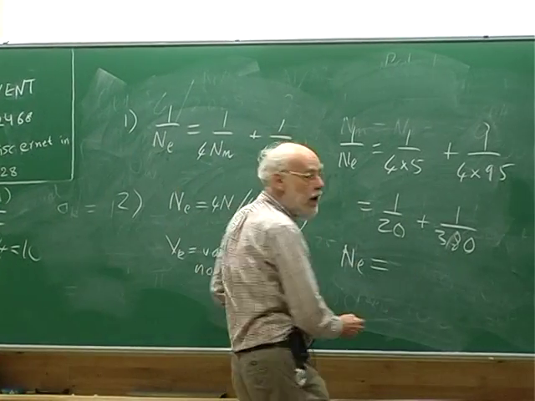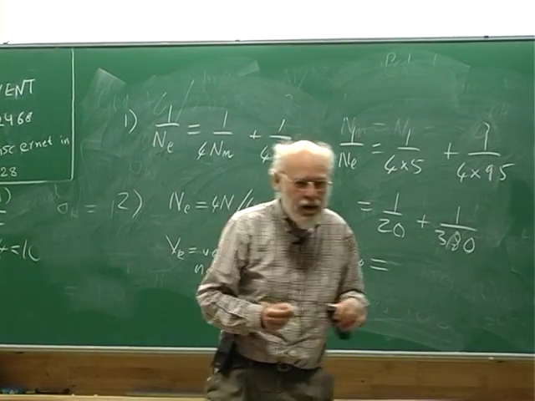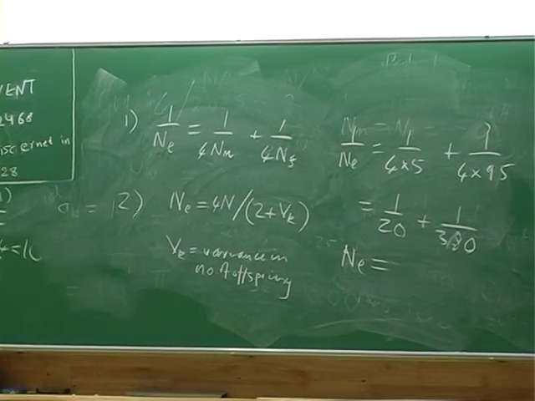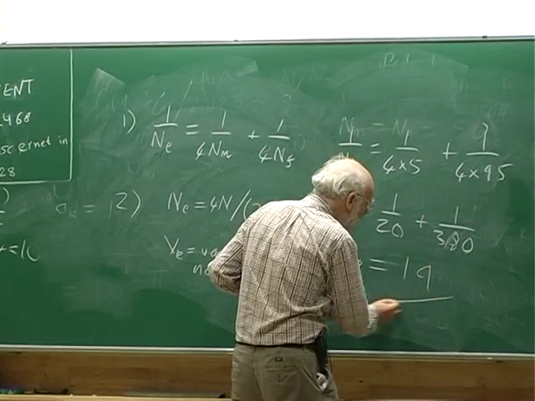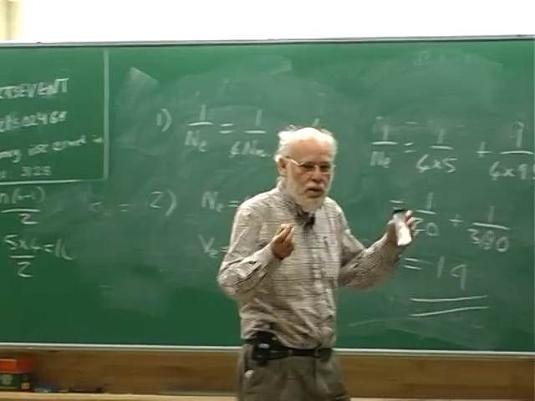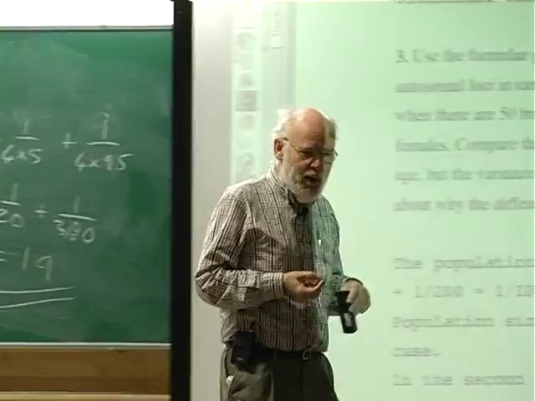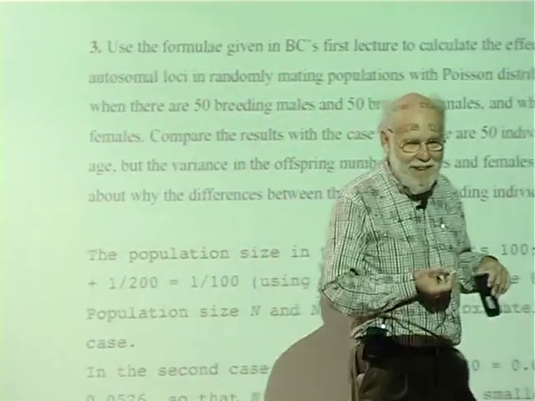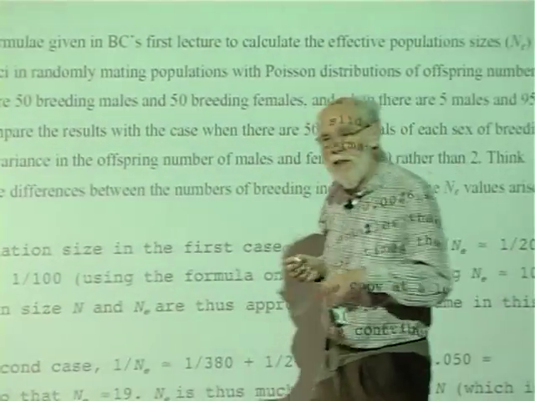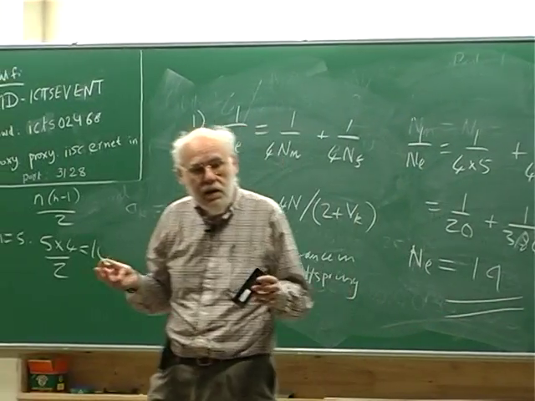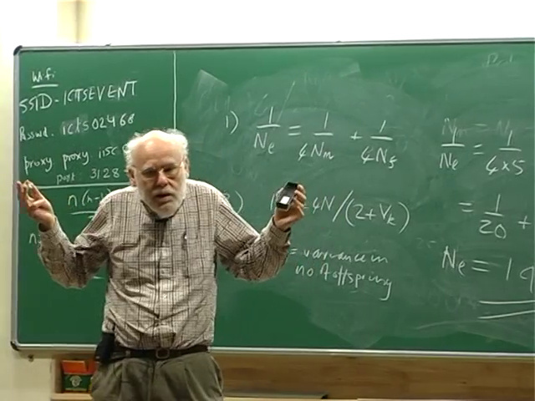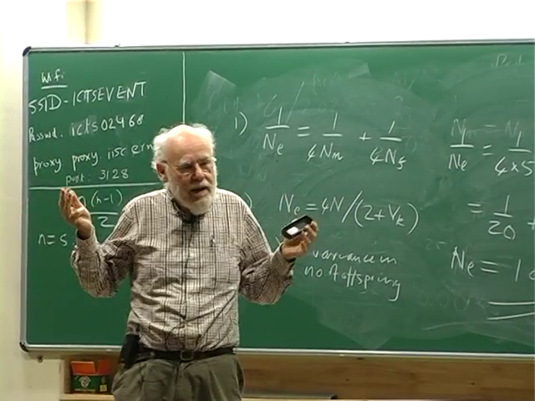Yeah, right. Okay. So it's 19, roughly. Thank you. We do the simple arithmetic here, which is what I'm always really bad at, as you may have noticed. Any questions there? The effective size here is 19. So a lot smaller than 100, right?